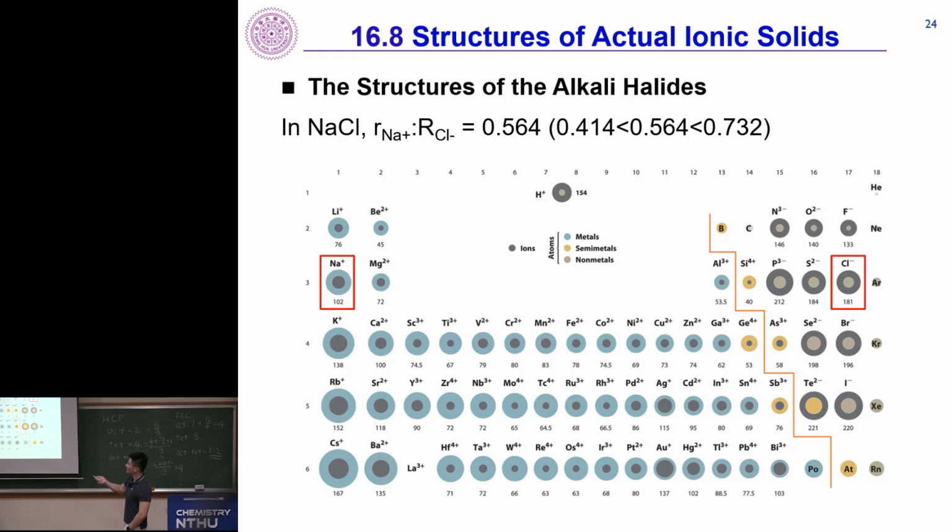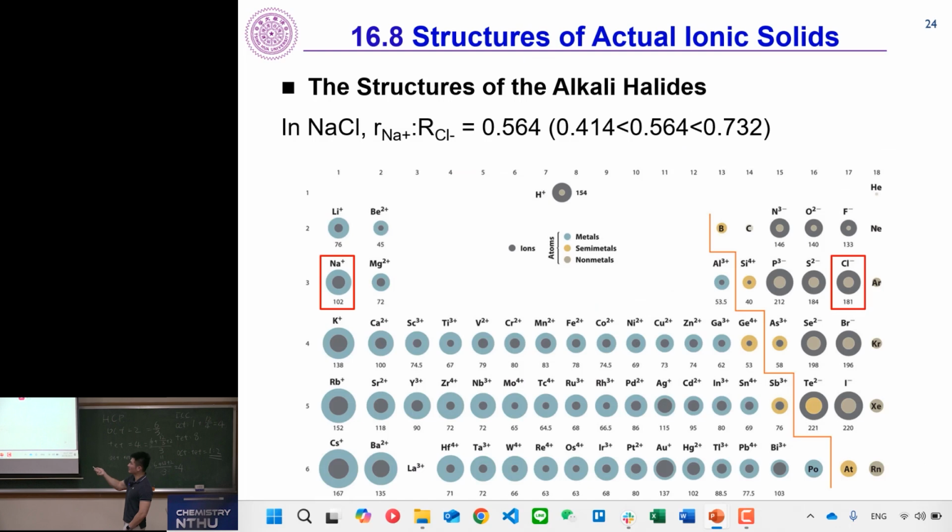If you divide sodium by chloride, you get 0.564, which is right between 0.414, the lower bound for octahedral hole, and the lower bound for cubic hole. So that means sodium will occupy the octahedral hole formed by the FCC unit cell of chloride.